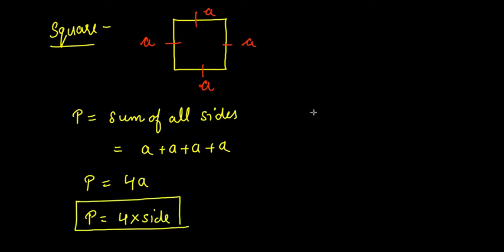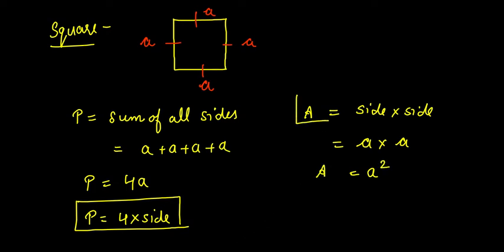Now second, the area of the same shape. Area is side into side. What is the side here? A into A. So this becomes A square. So the formula for calculating the area of the square is side into side. Let's see the units in which it is measured.